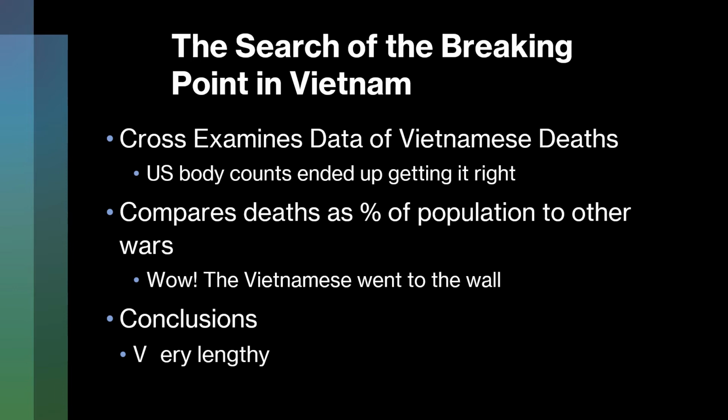They suffered more casualties. There's only a couple small wars where people suffered higher levels of casualties, and they certainly suffered significantly more than, say, the Japanese did in World War II. So really the Vietnamese bled, and the U.S. bled the Vietnamese tremendously. And then after looking at that, he goes into a very lengthy conclusion. Well, what's this mean, right?